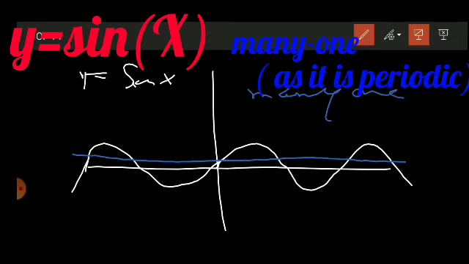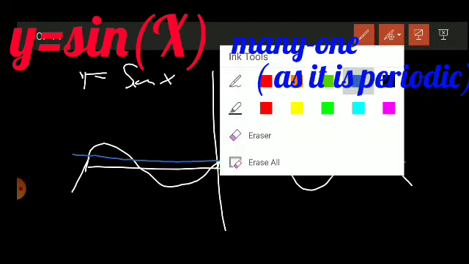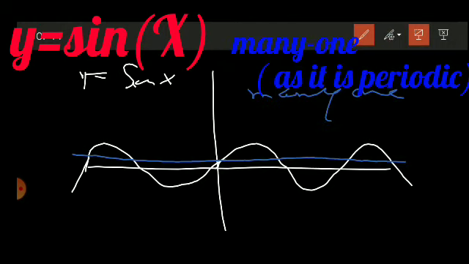So to be one-one, we have to consider the part where it is one-one. Let's see where it is one-one. If you see here, from minus pi by 2 to plus pi by 2, this red part, this function is said to be one-one, because beyond this, here it is pi by 2 and here it is minus pi by 2.